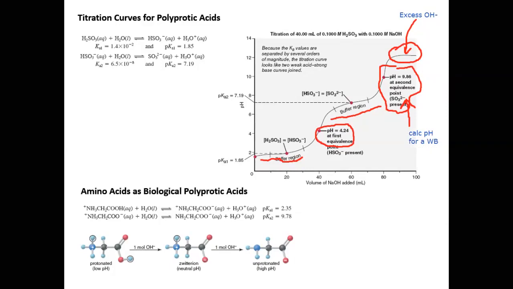Now here, when you're at the equivalence point, since HSO3 minus is a weak acid, you can calculate that pH like you would for a weak acid. Or actually, because there's only HSO3 minus present, it's the weak base. So use its Kb.